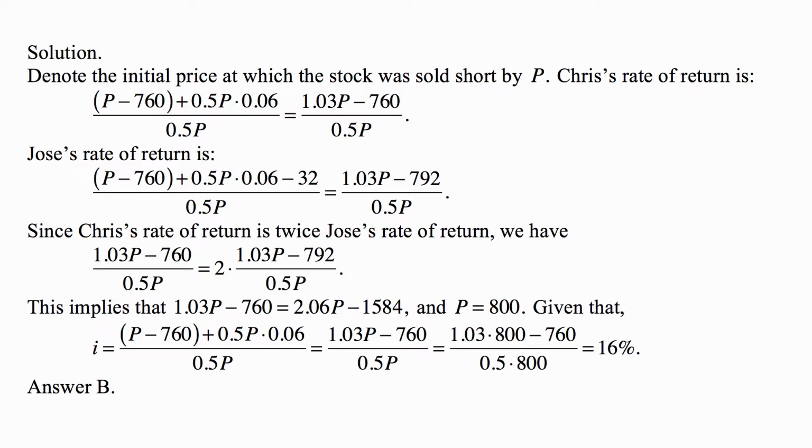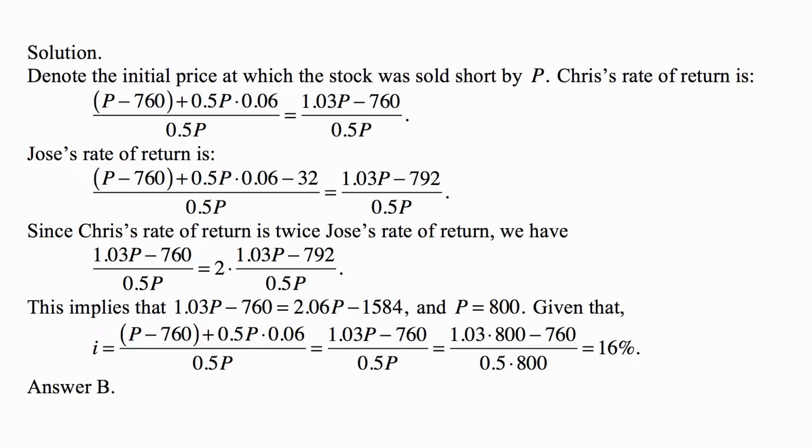And then interest on the margin deposit, which was 50% of P at 6%. The whole thing is divided by the denominator, the amount of money that he had to put down to enter the trade, which was the margin deposit, 0.5P. And this is equal to (1.03P minus 760) over 0.5P.